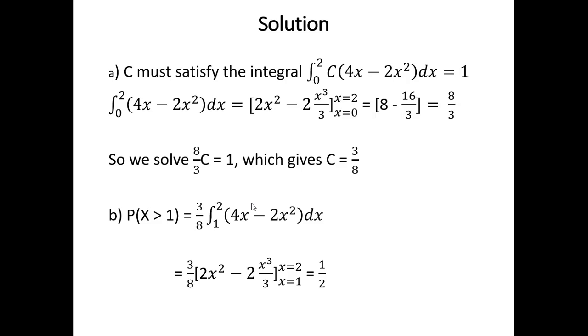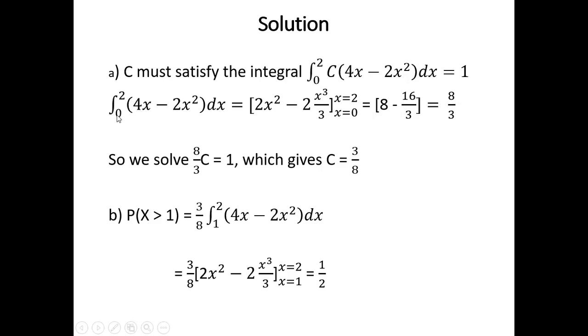Okay, so c must satisfy this integral, as I just mentioned. We're integrating from 0 to 2, and this is basically our PDF, but we have to deal with this constant c. So I'm going to work out the integral, leaving c out of it for now.